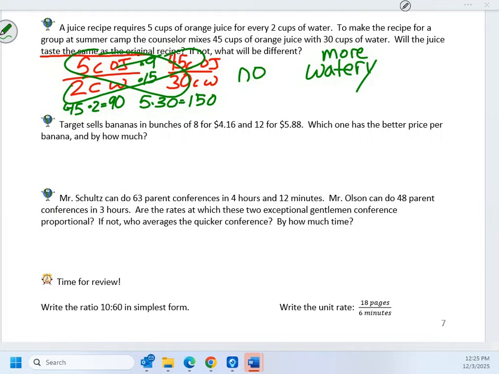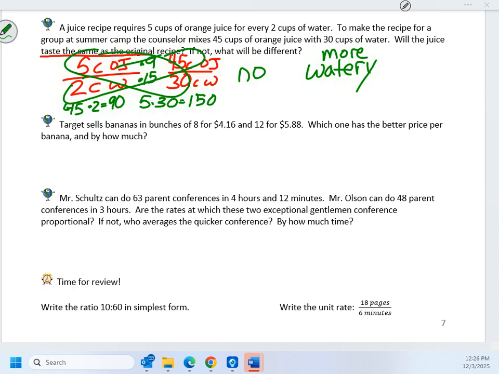So know what we're working on. We're working on proportions. When they ask a question, you're gonna have to set it up into proportions, into ratios, and determine if they're proportionate. Like this one: Target's bananas in bunches of 8 for $4.16 or 12 for $5.88.